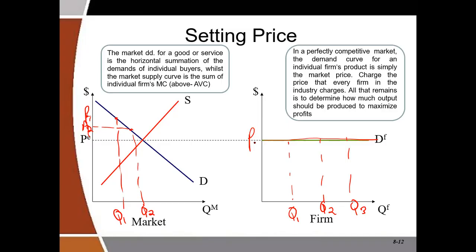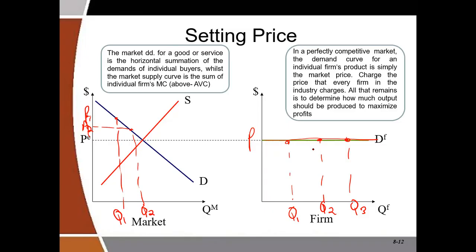Now, somebody will be wondering, if we can't raise prices in a perfectly competitive market, why don't we reduce prices to make more money? It is economically not wise to reduce prices, because since the demand curve is perfectly elastic, you can sell different quantities at the same price. So if you want to make more money, rather focus on producing and selling more than reducing your price.